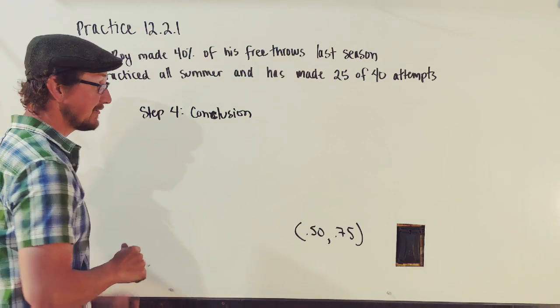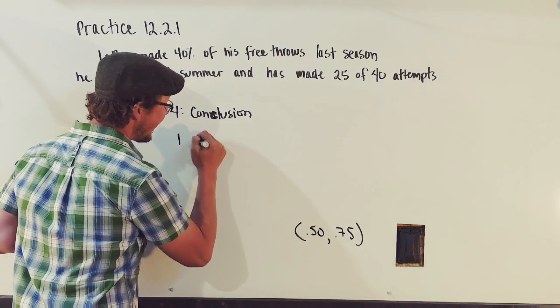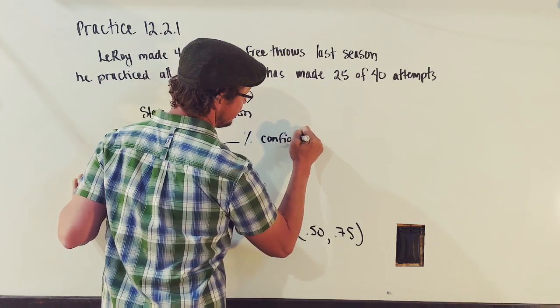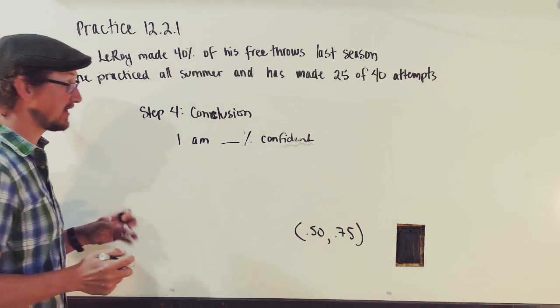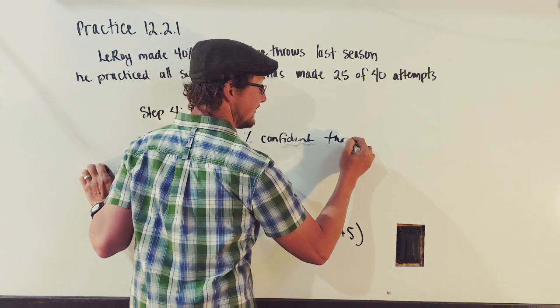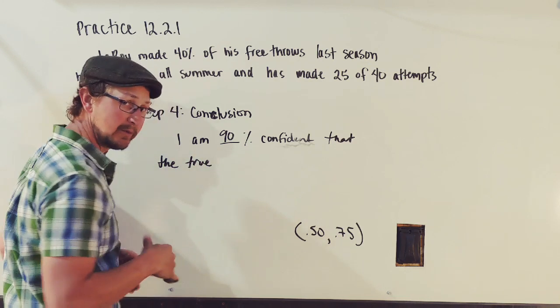Conclusion in context for confidence intervals, as you may remember, starts out with I am blank % confident. And in this particular case, we're creating a 90% confidence interval, so I am 90% confident that the true, what are we talking about?